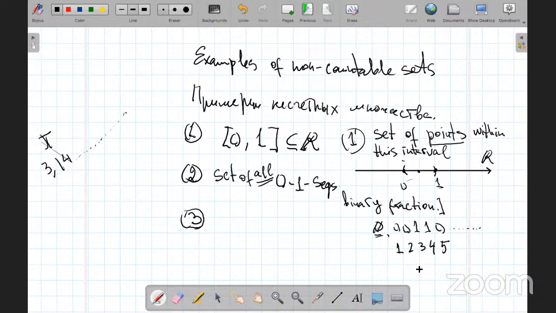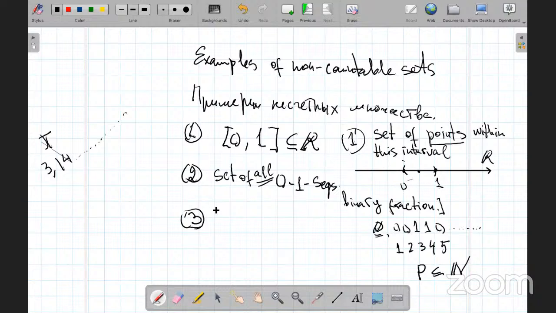So I form my subset P, which is a subset of natural numbers, in the following way. If I have 0, I don't take this number into my subset. If I have 1, I do, right? And so to each such 0, 1 sequence corresponds exactly one subset, right? So if I now talk about the set of all 0, 1 sequences, it is actually the set of all subsets.